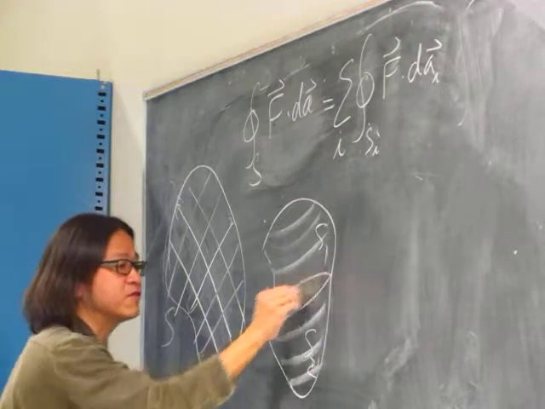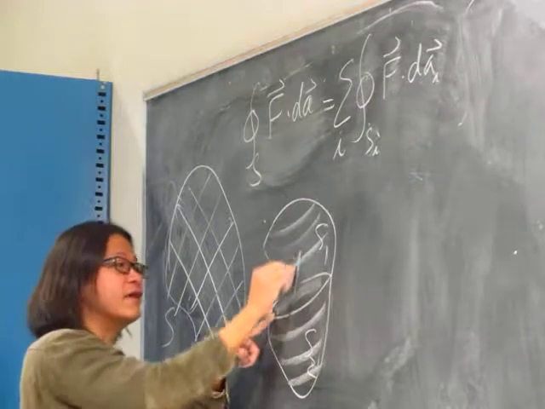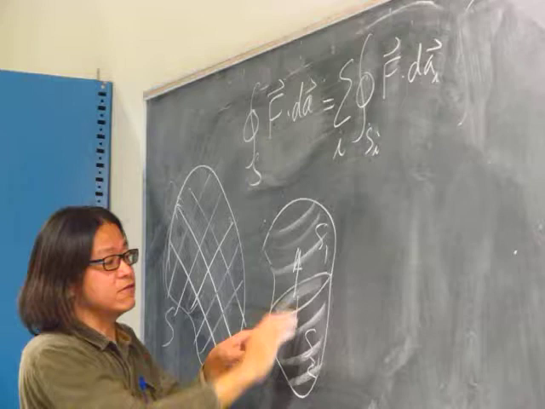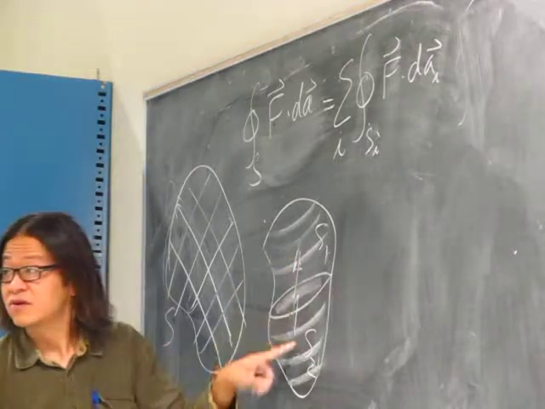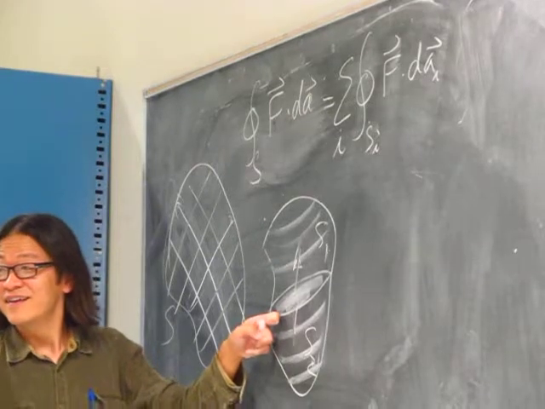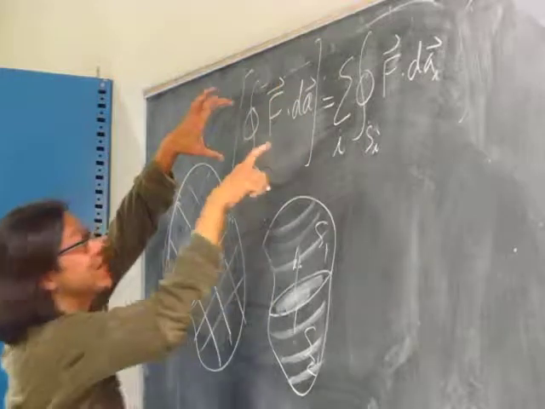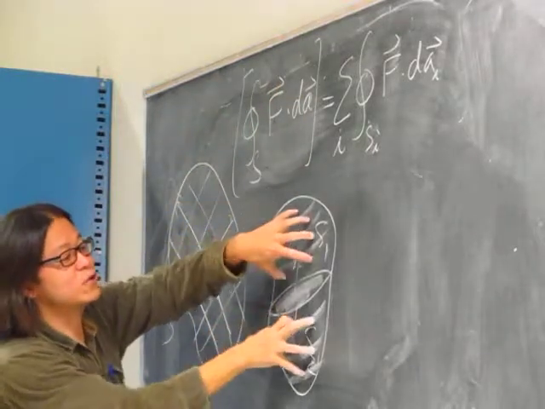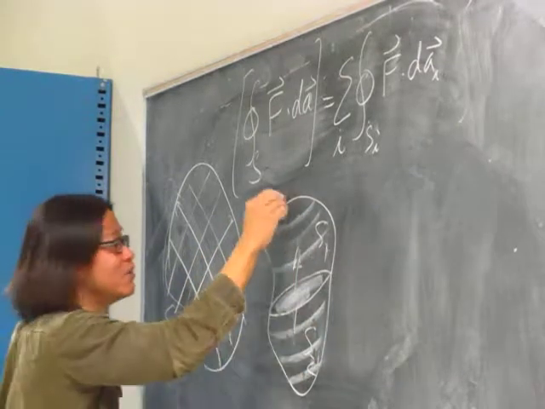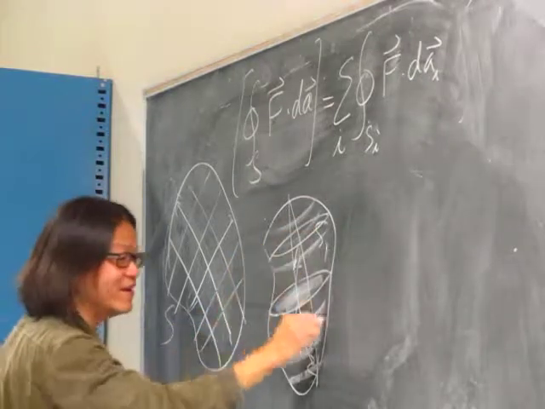The part of the flux that goes through the shared boundary, if it's negative for S1, is exactly positive for S2. This flux cancels, so this integral is just the sum of the closed-loop integrals of S1 and S2. And I keep on doing this, dividing again in half, and so on.